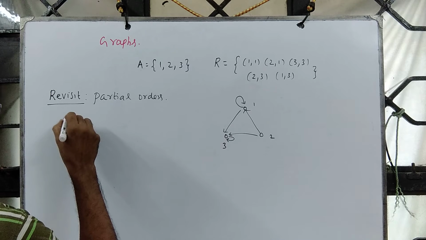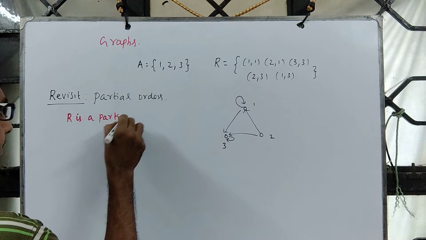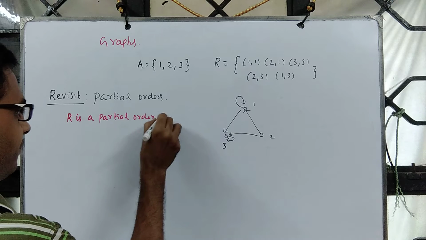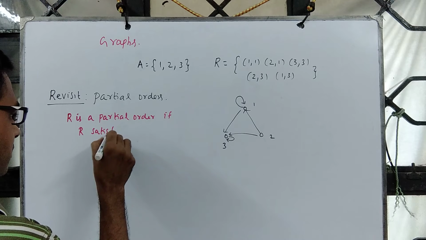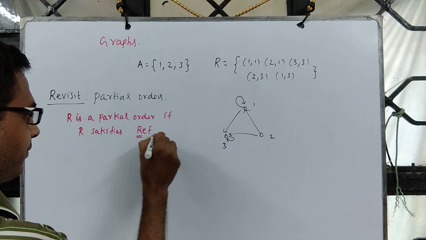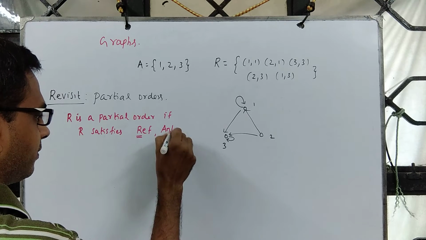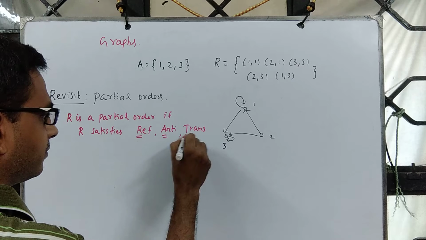So we say R is a partial order if R satisfies reflexivity, antisymmetry, and transitivity.